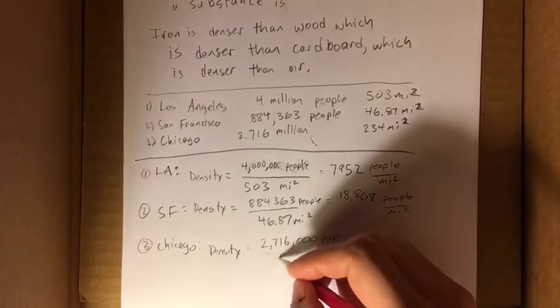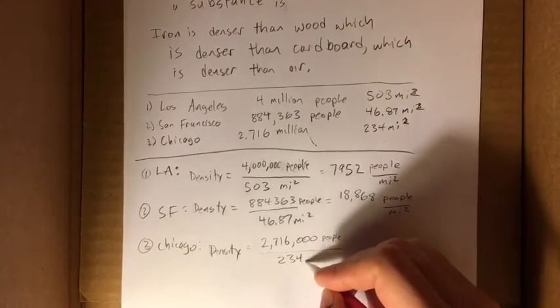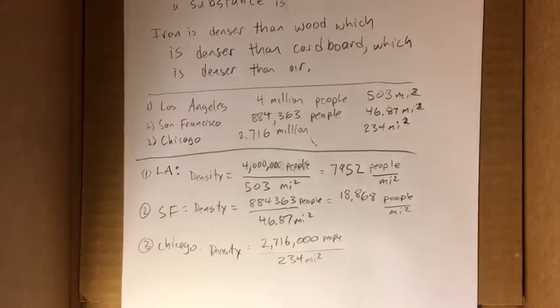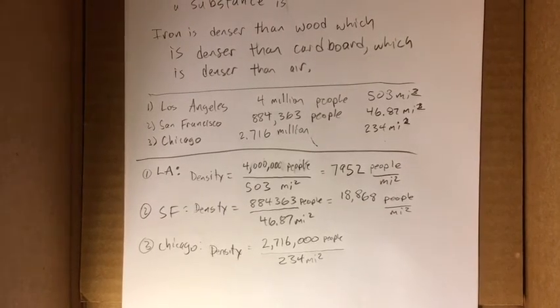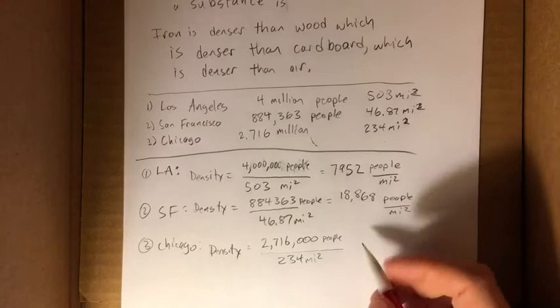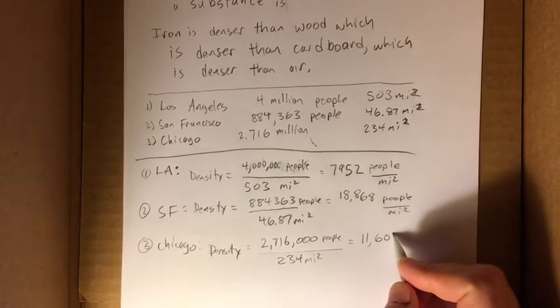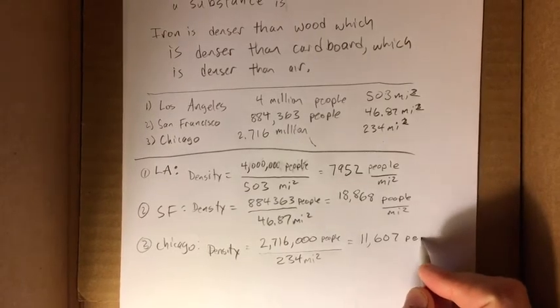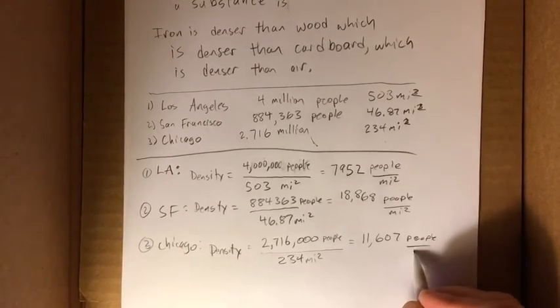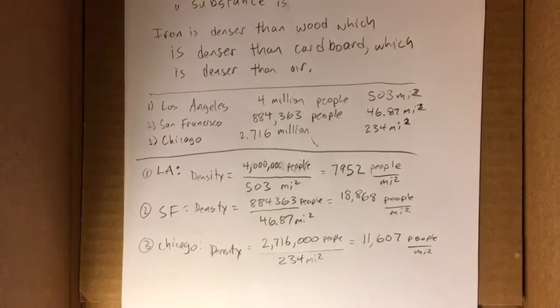And when we divide by this, let's see what we get. And if we round it, it's about 11,607 people per square mile.